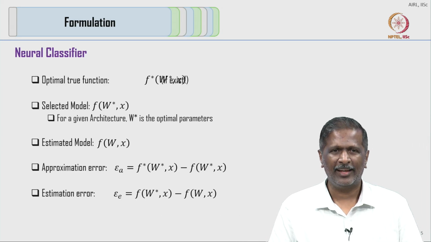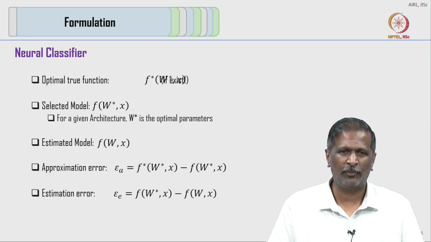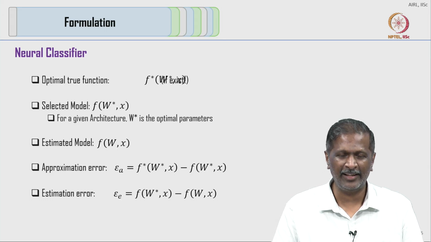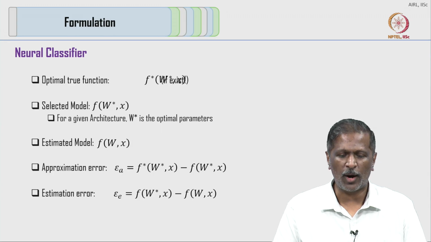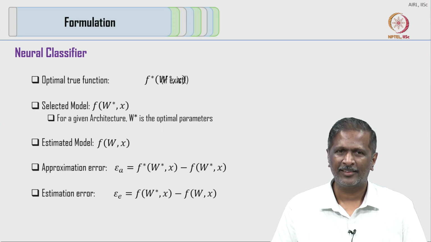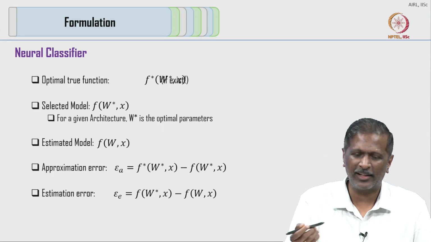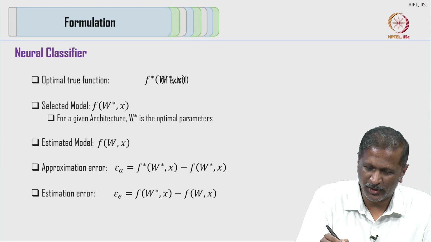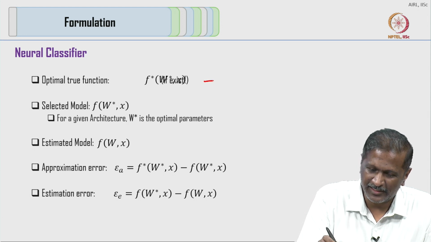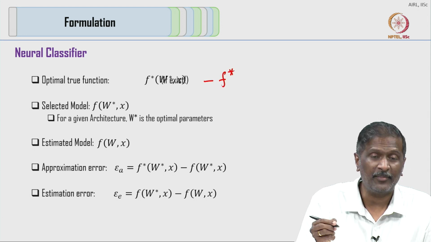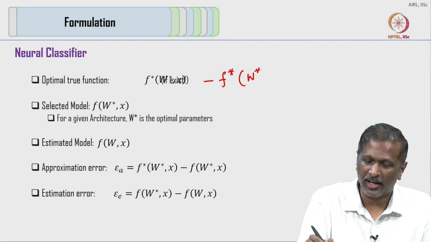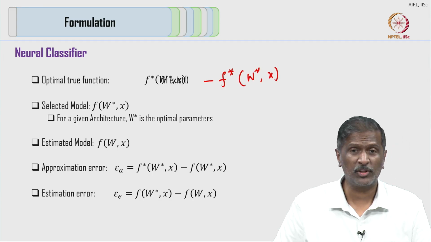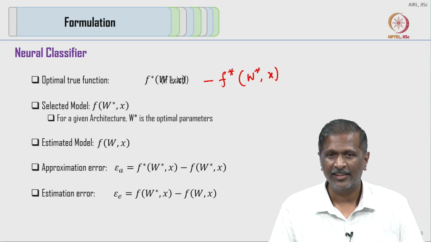Now in summary, if I want to put whatever we discussed, I assume that there exists an optimal neural classifier. I'm sorry, it's not visible here, which is nothing but F star corresponding to W star, x. I am assuming that it exists, right.